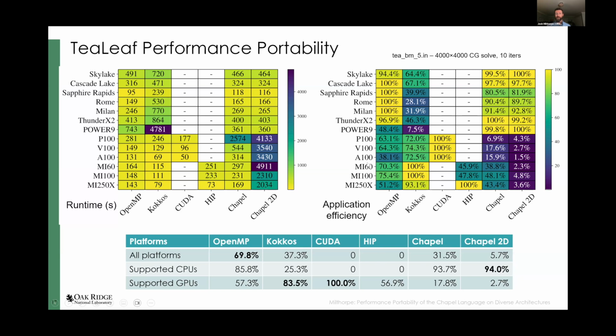You can see OpenMP also didn't necessarily achieve the best performance on GPUs, even with its two different versions. Overall, OpenMP did achieve the highest performance when you take into account the CPU platforms as well. And maybe unsurprisingly, the native programming models, CUDA and HIP, achieved good performance on their respective platforms.